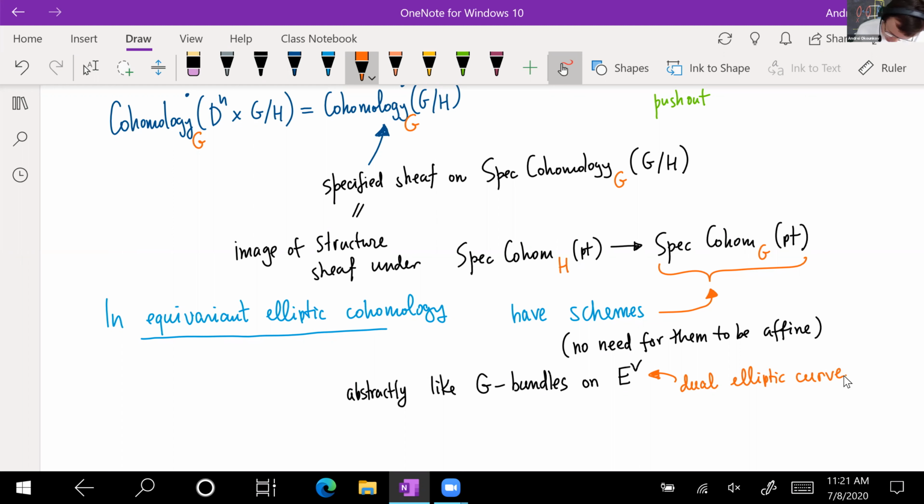The dual here is because I want the GL1 bundles. The bundles of degree 0, they're semi-stable of degree 0.